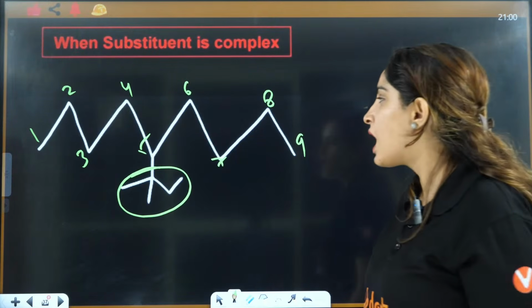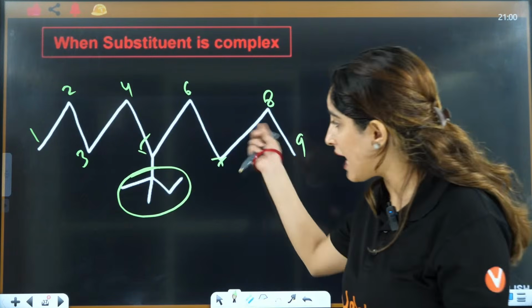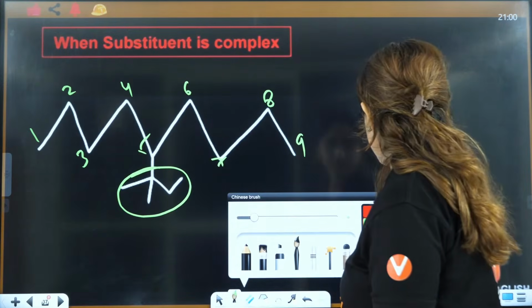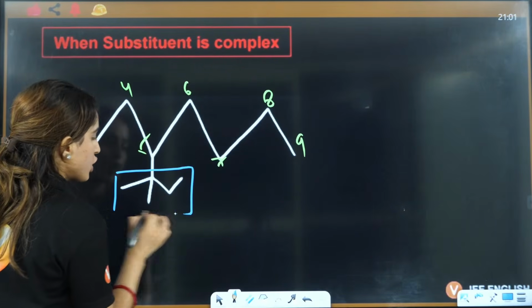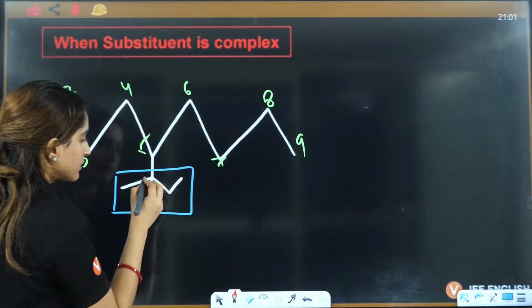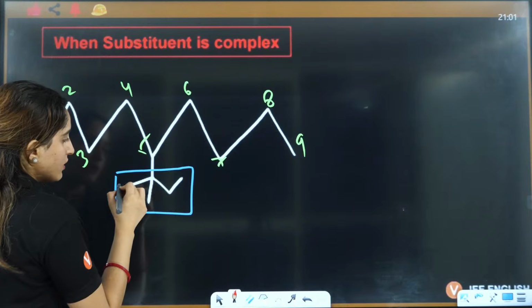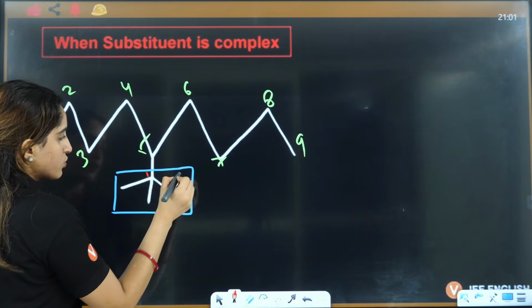Now let's see, this is not ethyl, this is not methyl, this is some different substituent which will have its own naming. How do I write it? Let's see how you write this. This substituent will have its own numbering, 1, 2, 3.